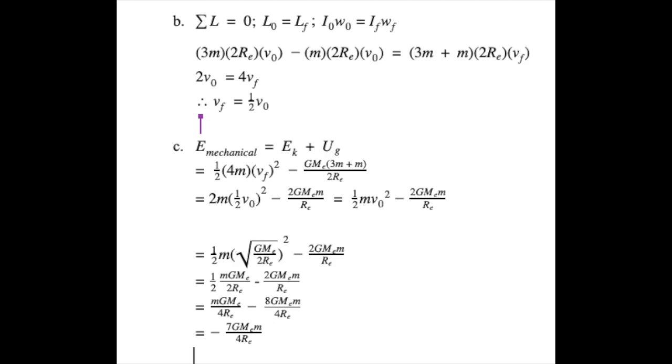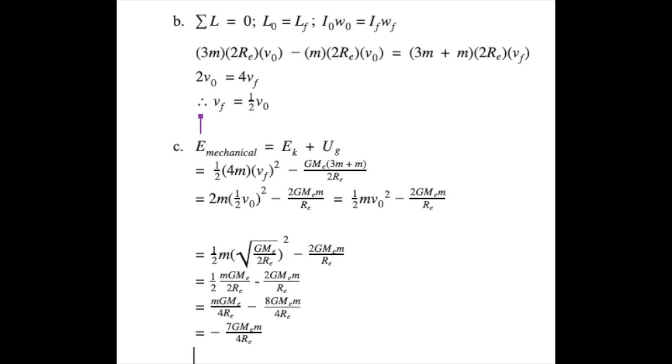So I'm going to reiterate that this is a perfectly inelastic collision, meaning that the particles stick together, so we're going to have to consider the total mass when calculating the kinetic energy and U sub g. And so based off of what Akshat already did, we now have the expression 1/2 m v0 squared minus the expression for U sub g.